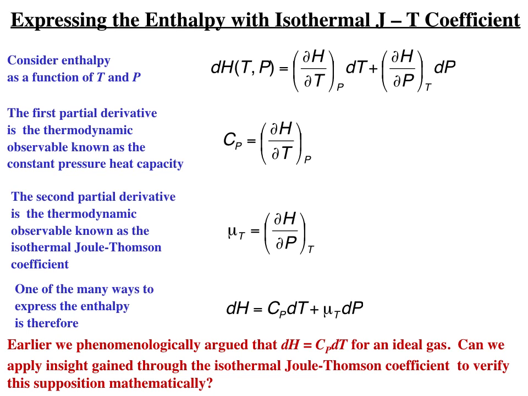Now notice the second term is how I defined on the previous slide this isothermal Joule-Thomson coefficient. So what I can conclude is that dH, the increment of change of the enthalpy, has to be equal to C sub P dT plus mu T dP.